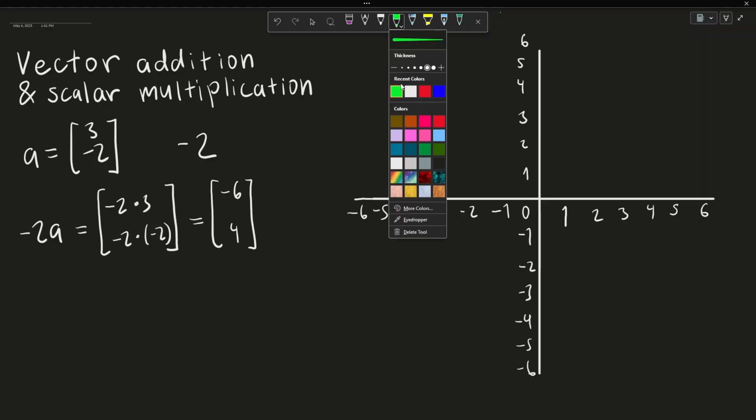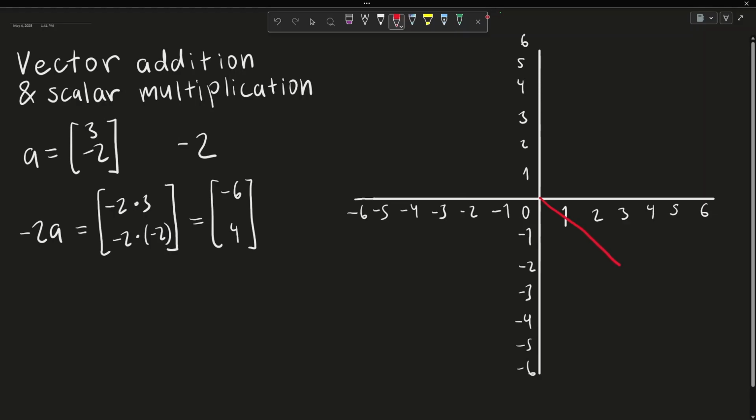And so if we redraw the original vector a, we'll find that we have 3 in the x, -2 in the y. What happens now is that the resulting vector from multiplying by -2 is pointing in the exact opposite direction. And so let's see if that holds true.